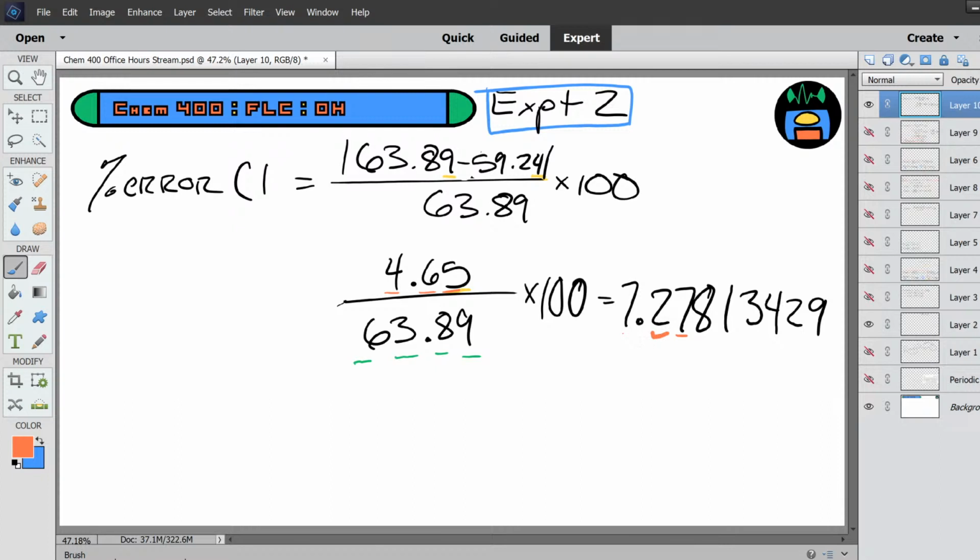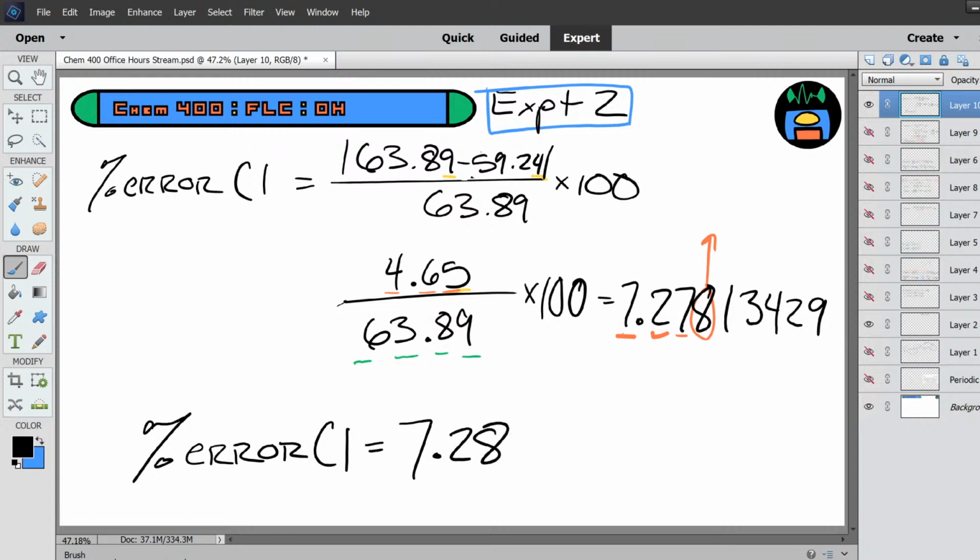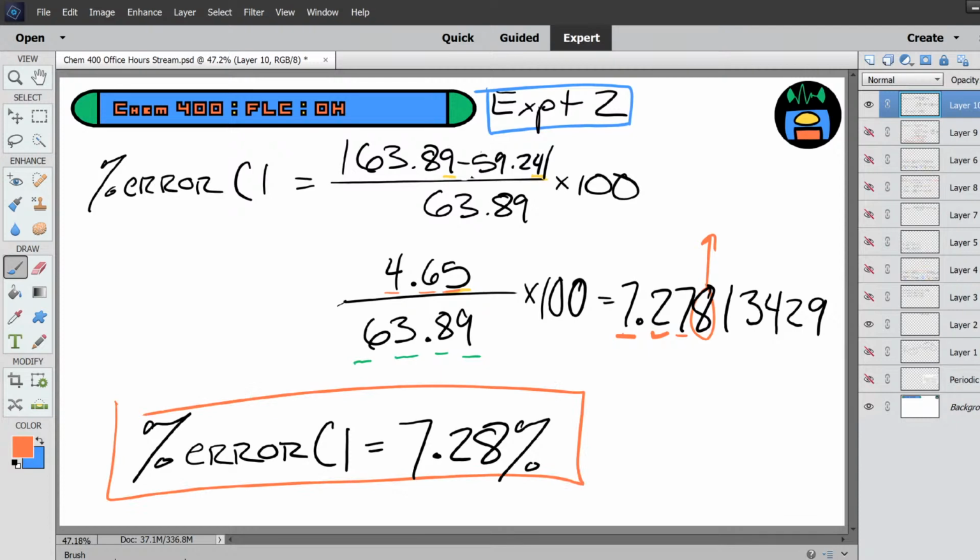The 8 rounds up. So our final answer for my data for the percent error of chlorine, make that Cl a little bigger, is 7.28%. That is the correct value with the correct number of sig figs. Again, if you watch your sig figs, as you can see, the way that mine worked out, I only ended up having 3 at the end.